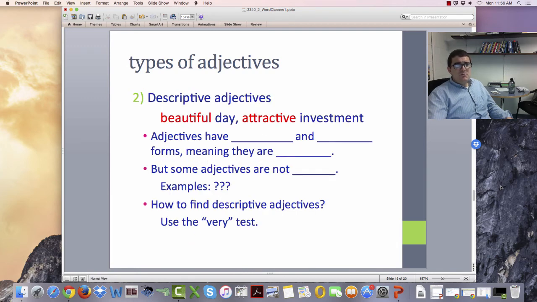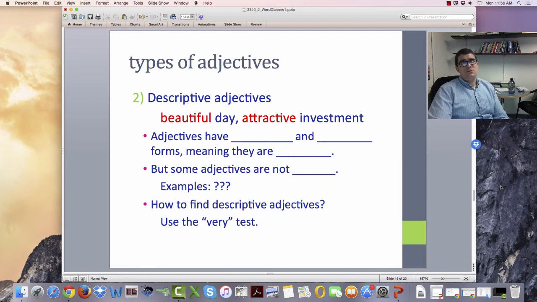So most commonly we have descriptive adjectives, a beautiful day, attractive investment. As I said, these descriptive adjectives generally come before the noun that they modify. Adjectives have what's called a comparative and a superlative form, which means they have the ER and the EST, right?